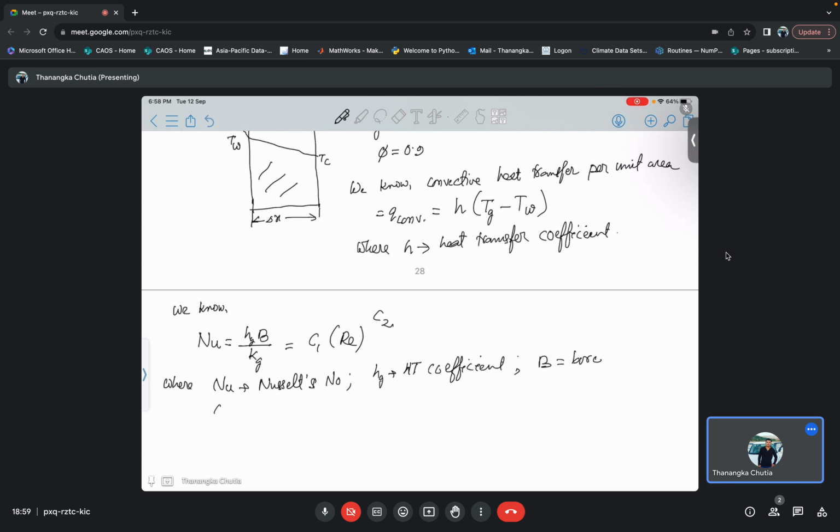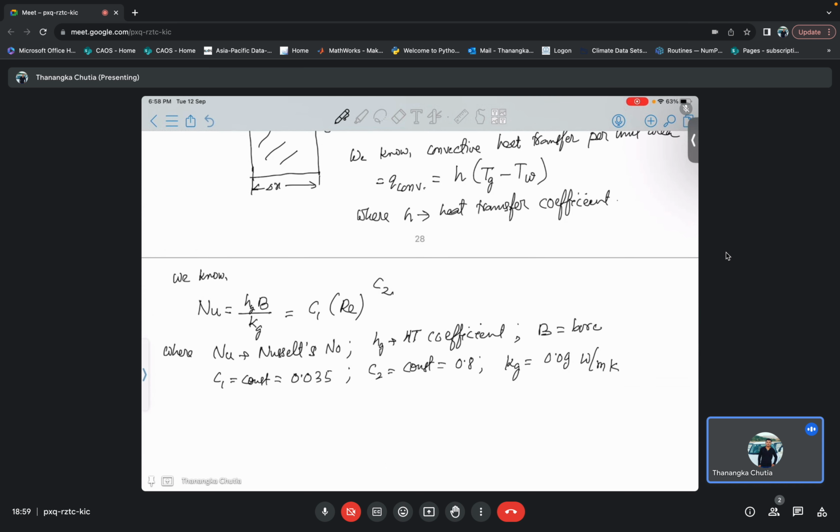C1 is a constant equal to 0.035. C2 is another constant equal to 0.8. Kg is the conductivity of the gas, 0.09 watt per meter Kelvin in this case.